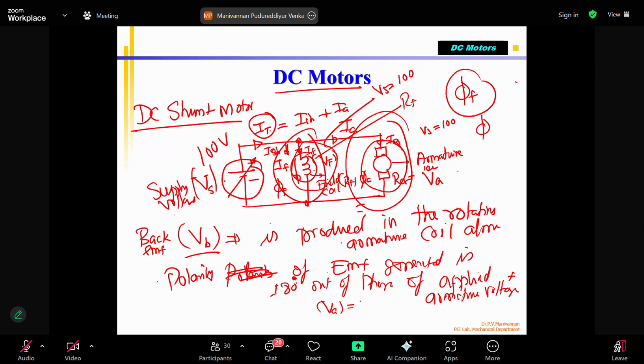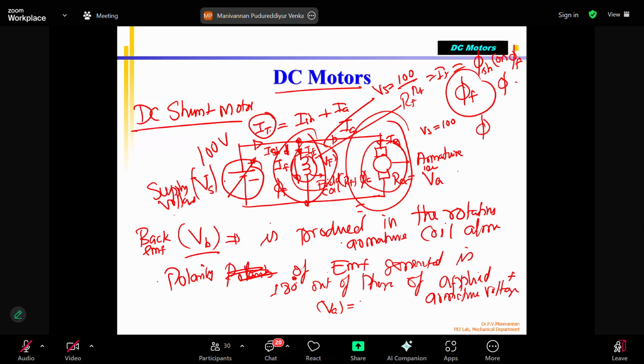In the field coil, this voltage divided by Rf gives If. So phi F, or phi shunt, or just phi, as different books say, are all the same in the case of the shunt motor equation.